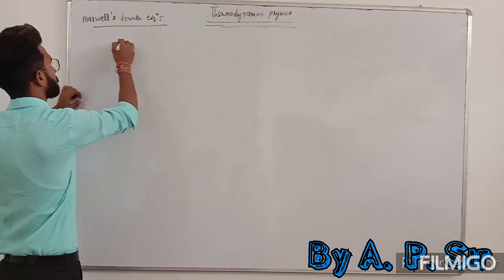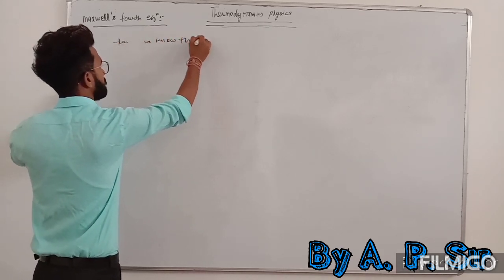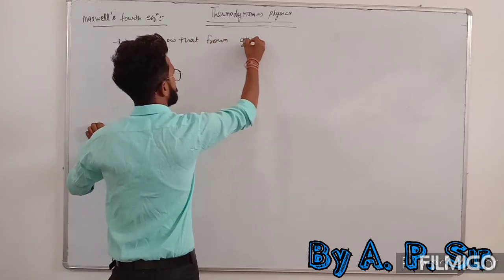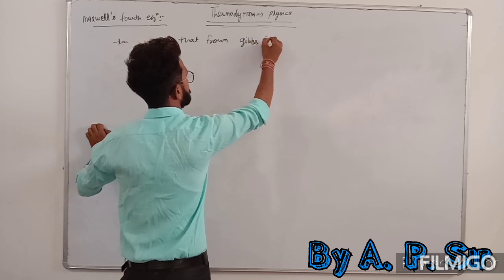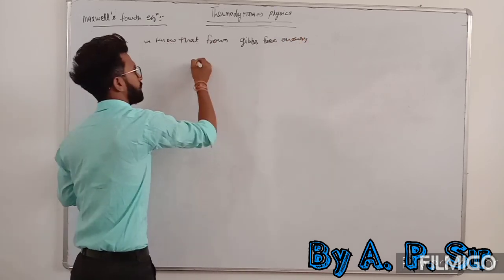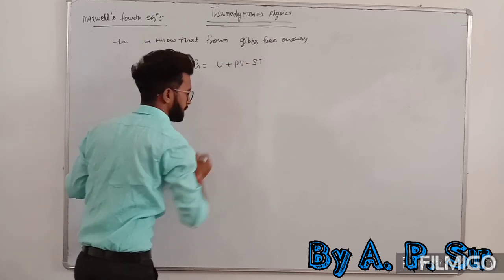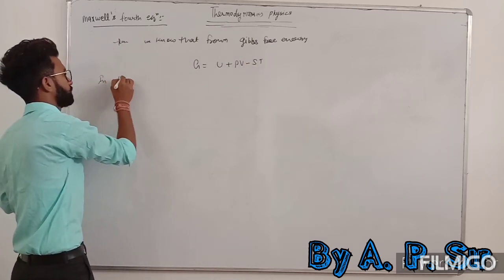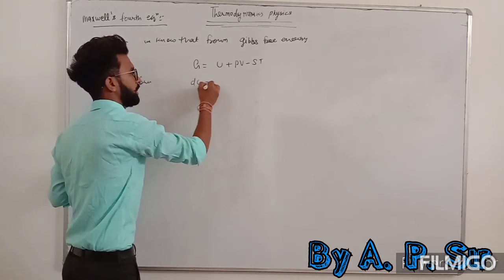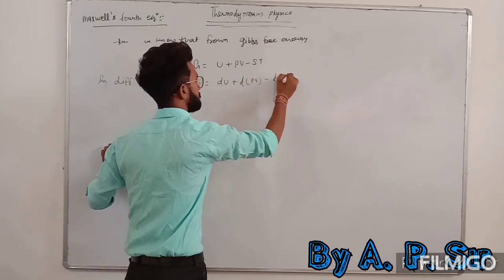Then we know that from Gibbs free energy, what is Gibbs free energy? Z equals U plus PV minus ST. In differentiation form, dZ is equal to dU plus d(PV) minus d(ST).